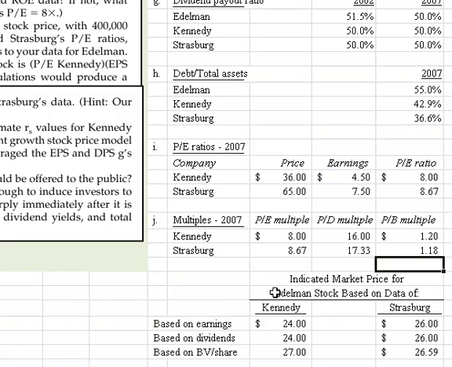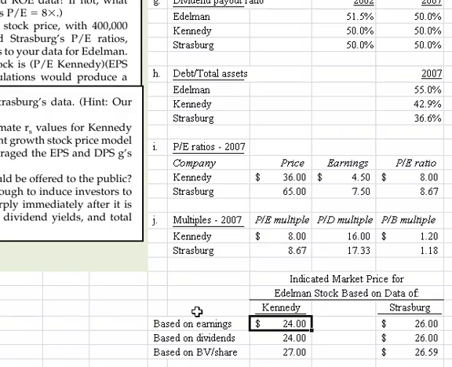Okay, so now we have a table of multiples that we can use, and then we can calculate indicated market price for Edelman based on the stock of Kennedy and Strasberg. So based on earnings, what we would do is we take the PE multiple and then multiply it, or actually we take the value in N47 and multiply it times L72.